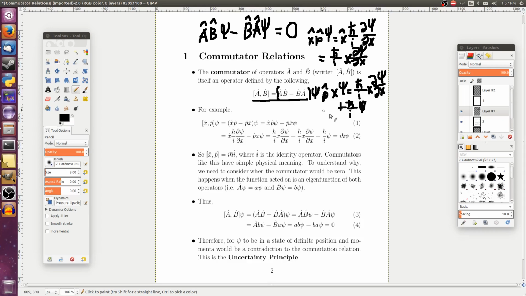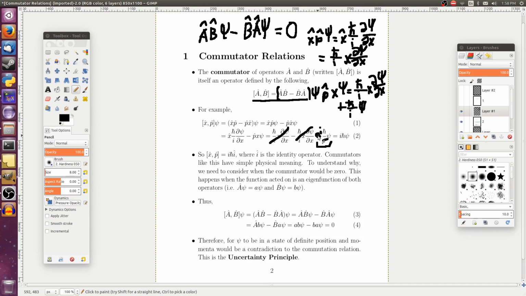And, whoops, my bad, I have a minus h bar over i right here, because these go away together. But if I have an i on the bottom, I can put it on top for convenience at the cost of a minus sign. So that minus sign goes away.